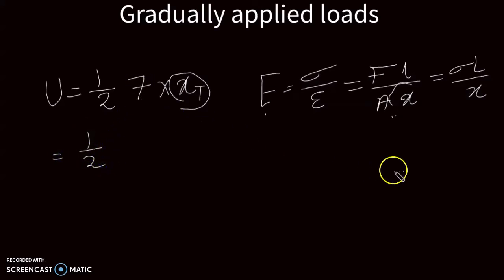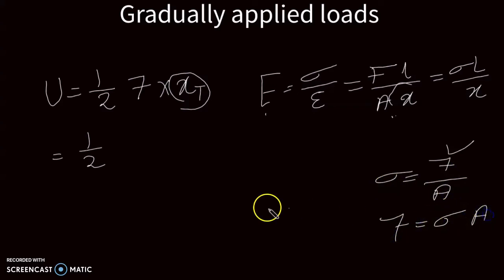What is stress? It's equal to force divided by area. We want to express it in terms of the stress, meaning we are going to make F the subject of the formula, which will give us stress times area, which we are going to put here.